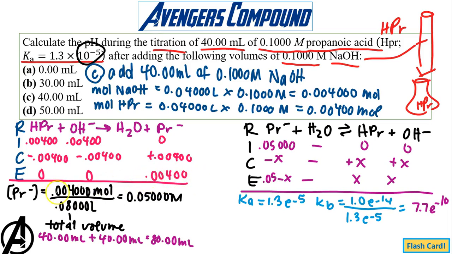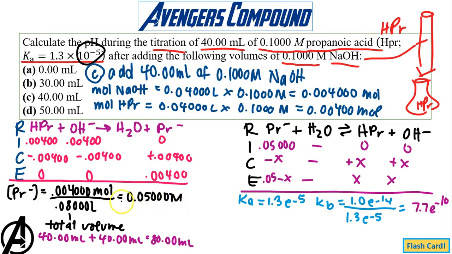So if we want to go further and get the concentration of our conjugate base, that means we take our moles of conjugate base and divide it by the total volume. The total volume is 40 mL of the acid plus 40 mL of the base, which equals 80 mL. So we take 0.00400 and divide it by 0.08. That means the concentration of P R minus at equilibrium is going to equal 0.05000 molar.